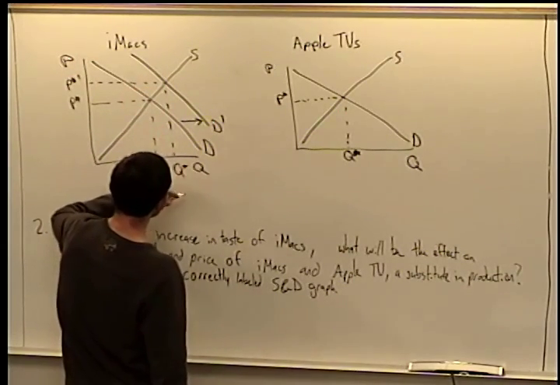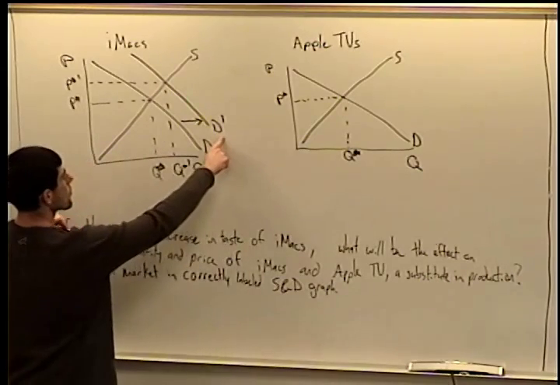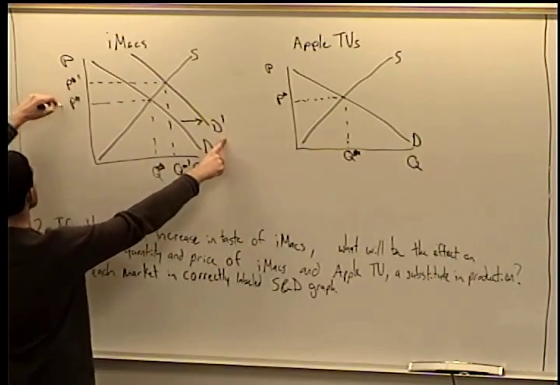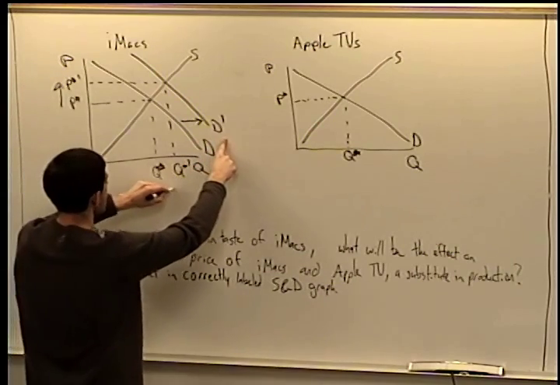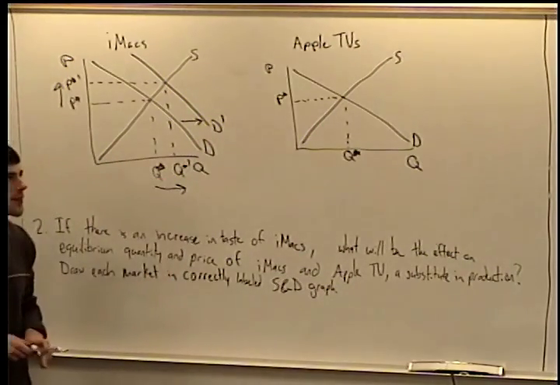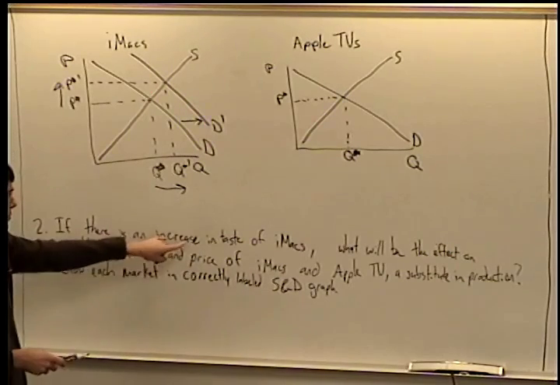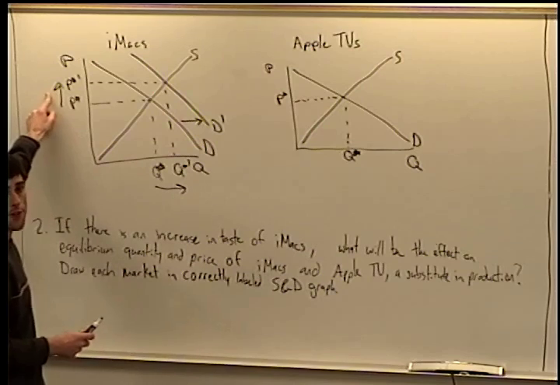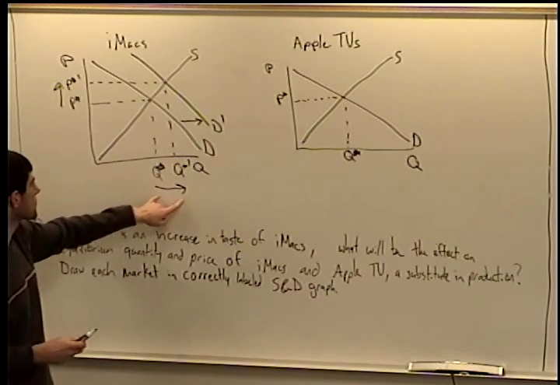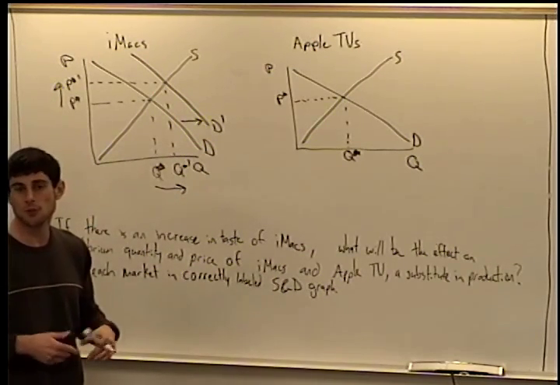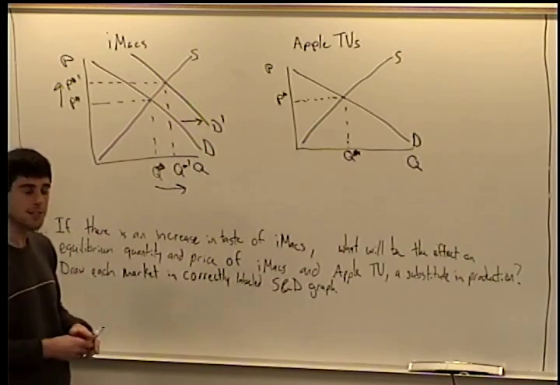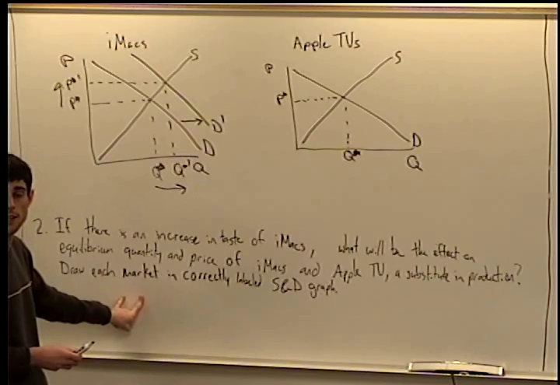And our new equilibrium occurs where the new demand curve equals supply, and that occurs at a higher equilibrium price and a higher equilibrium quantity. So if more people prefer to buy iMacs, we can expect the price of iMacs to increase, and we would see more in the quantity of iMacs produced and sold. Okay, so we have one market done.